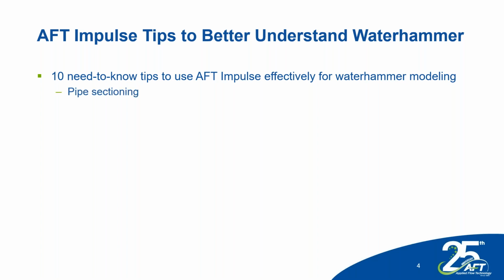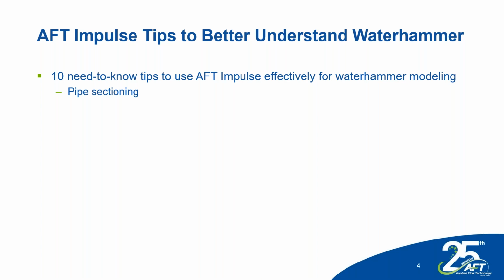First thing we're going to talk about, pipe sectioning. Very, very important. And again, be sure to watch those videos. Pipe sectioning is the biggest issue that we see commonly. Oftentimes, we will see people that send in their model files that have every single component modeled explicitly, every area change, every elbow, every valve, every single fitting, orifice plates, they have included as physical junctions.